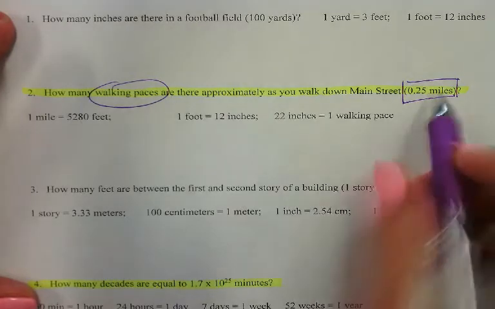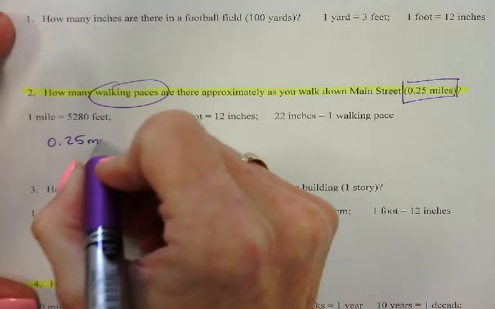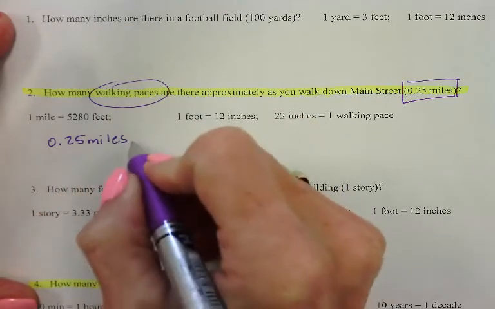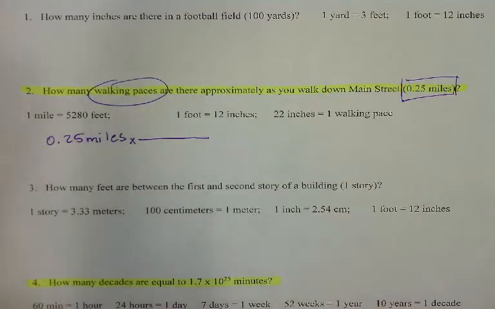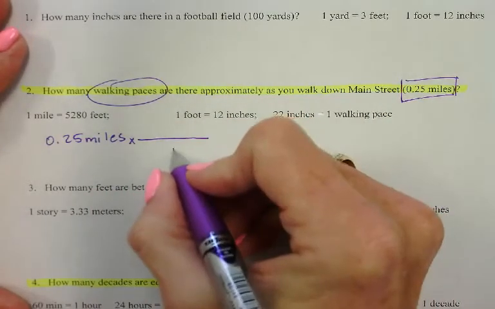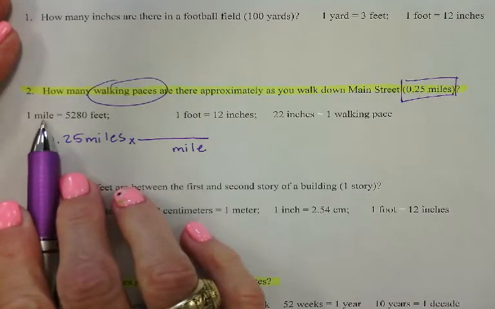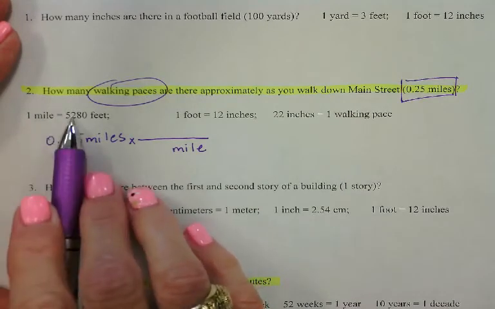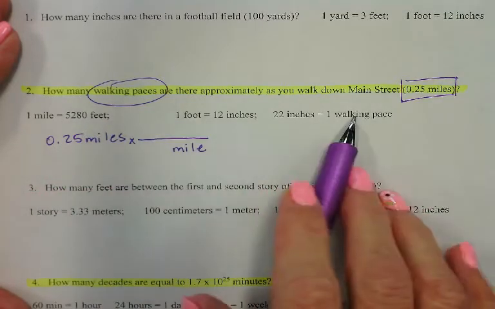Okay, so I start by writing my given, 0.25 miles. I don't know how many walking paces are in a mile. So I'm going to just go down the miles and see what I have listed as a conversion factor. I have 1 mile is 5,280 feet. And it looks like using all of these conversion factors I can get there.